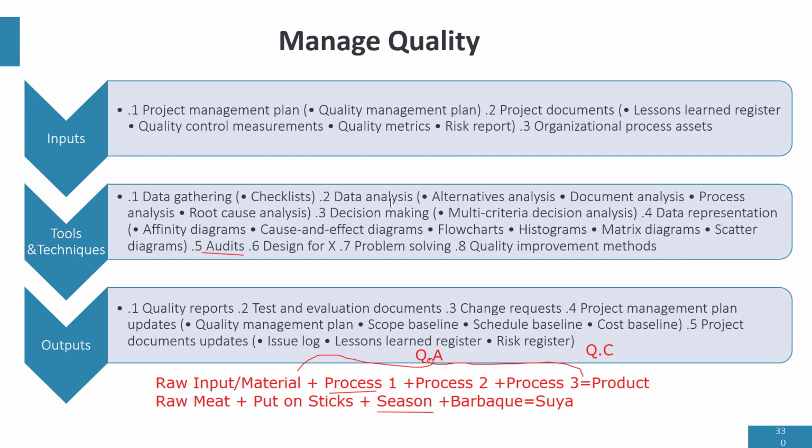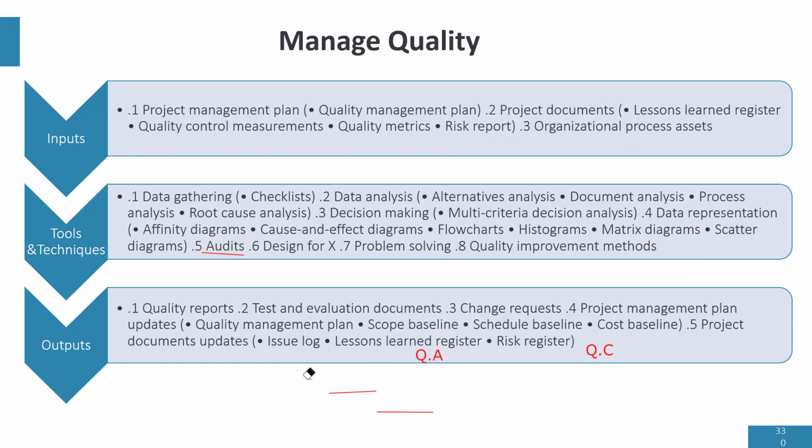And that's what we are saying here. Right. So quality assurance is focused on the processes meeting up with the process standards or metrics. Now, in managed quality, quality assurance is one of the things we've talked about.